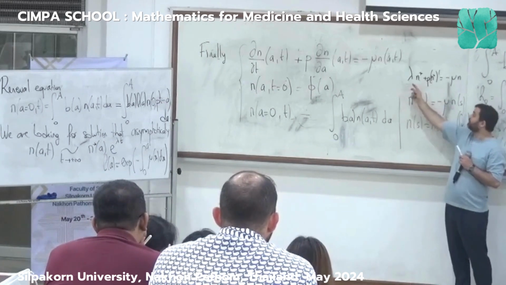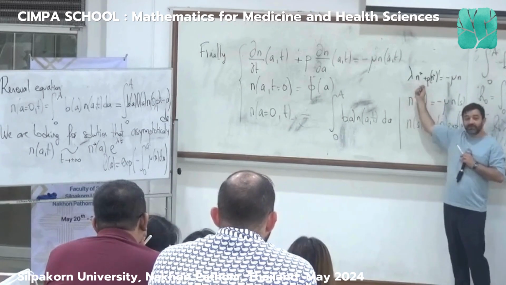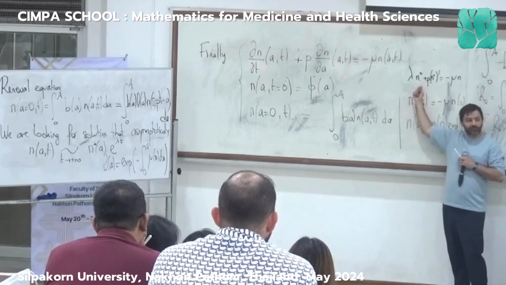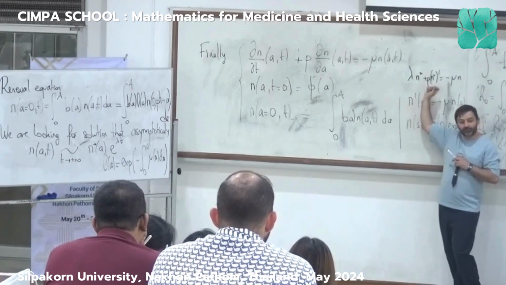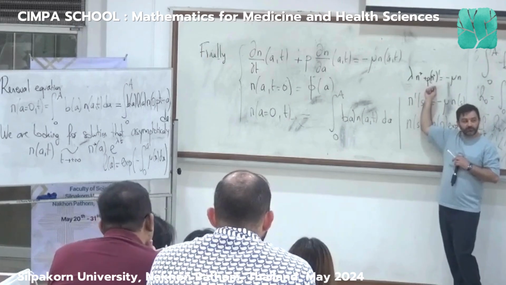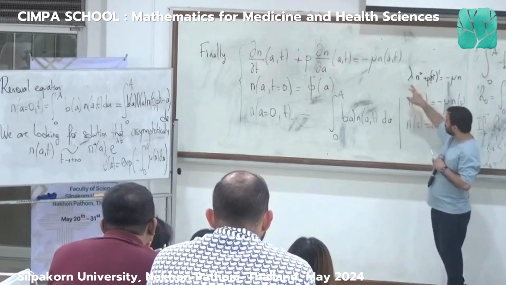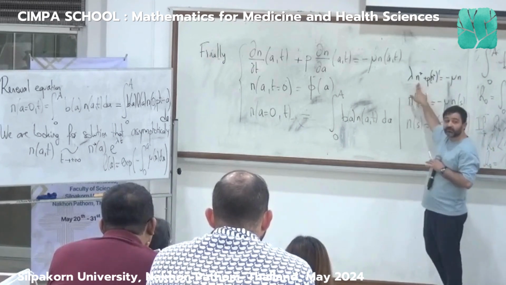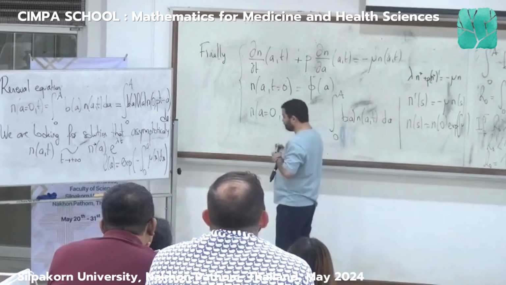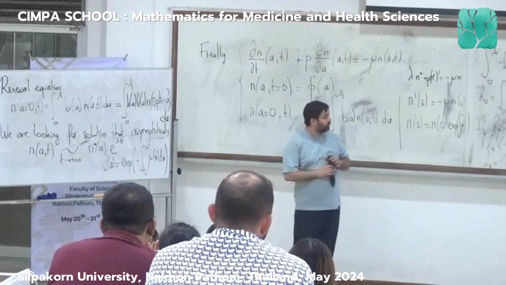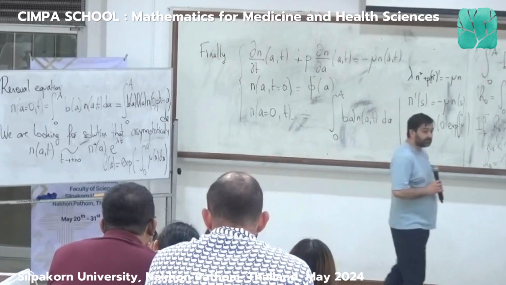So you need to find lambda and n star together. It's a difficult question in most cases to prove that there exists a solution for this object. Sometimes it can be very, very complicated to find. So I will stop there. Thank you.